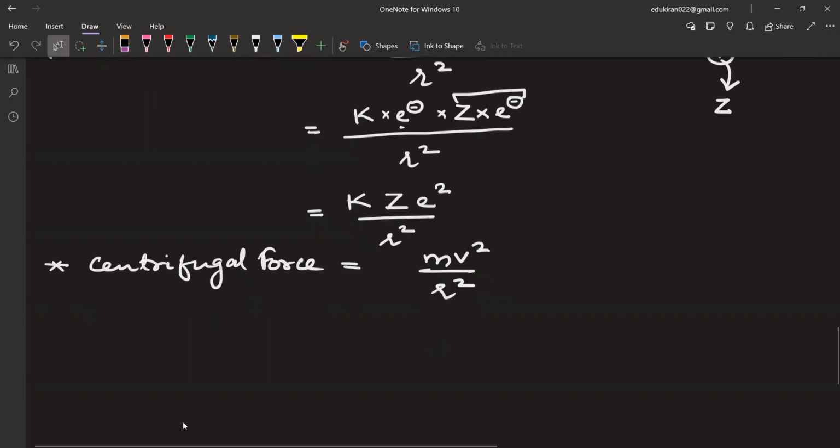So K Z E square upon r square should be equal to m v square upon r square.